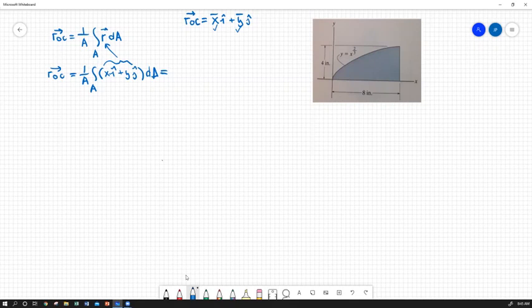But we can also apply it to our radius. So if I want a radius vector to the centroid, I can separately treat the x part and the y part. So I can take 1 over the total area, I'll do a total here just to remind myself, and integrate over the whole area x dA, and then move in the i hat direction that distance.